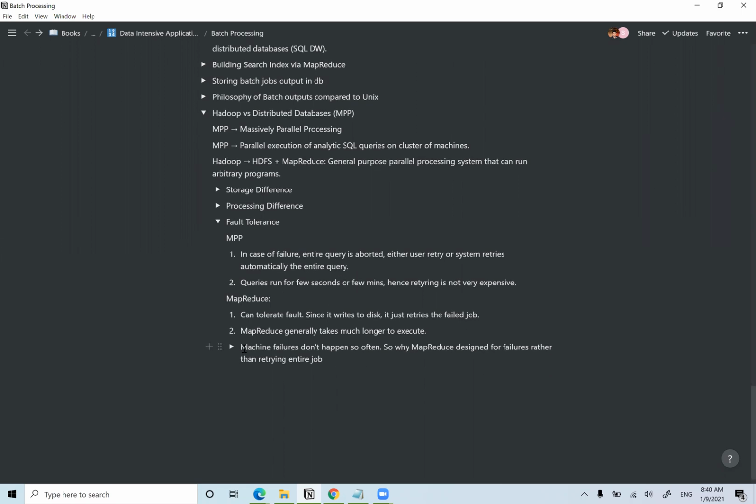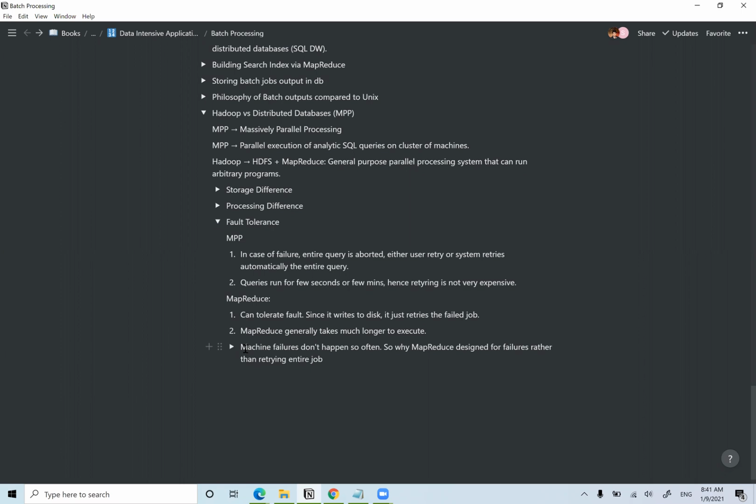So this was a very interesting thing mentioned. The question here is that MapReduce is made fault tolerant, so if there are failures, you won't retry the entire thing. It will rerun from there, right? But generally, system failures, like a node crashing, do not happen so often, right? So why do we need to build such a system?